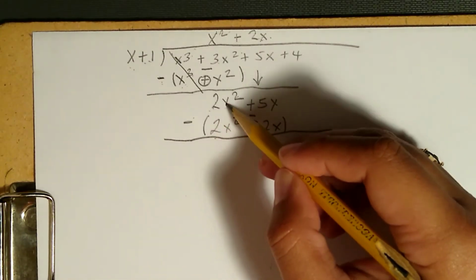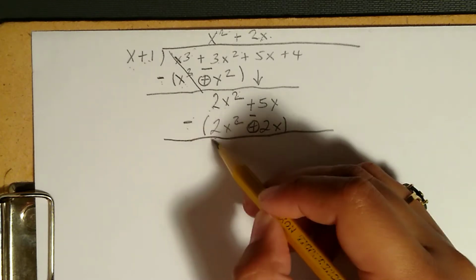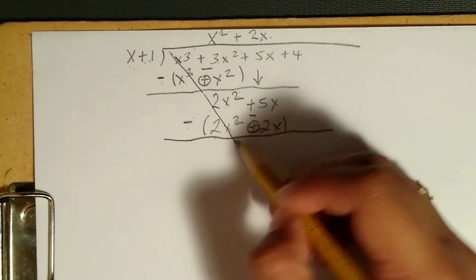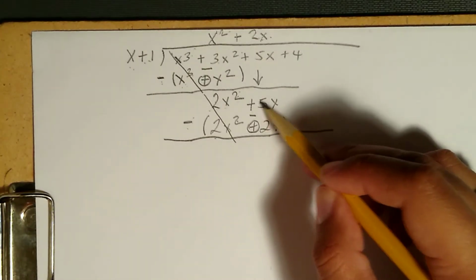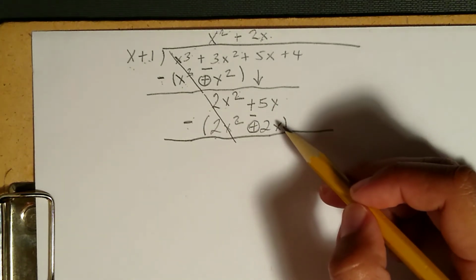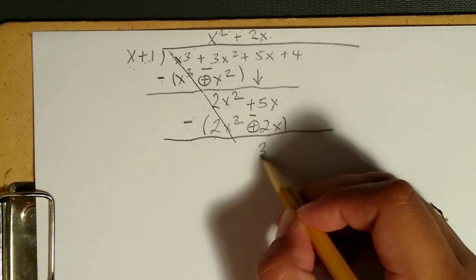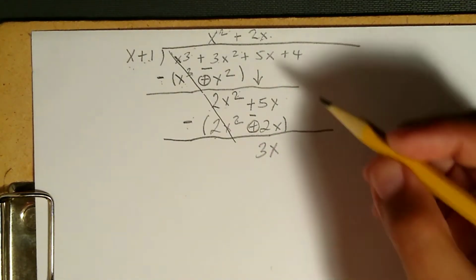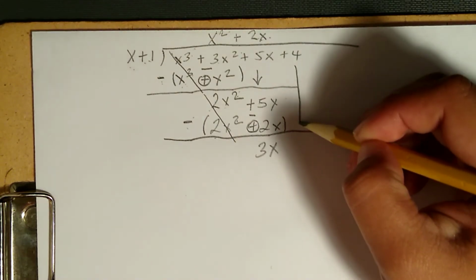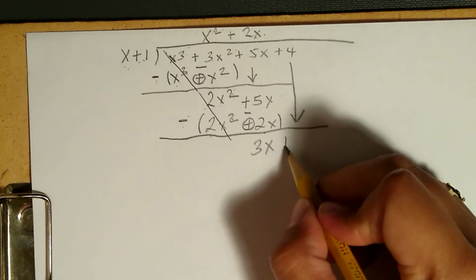Now, 2x squared minus negative 2x squared cancels. You'll have 5x minus negative 2x, and that will give you positive 3x. You'll bring down the 4, plus 4.